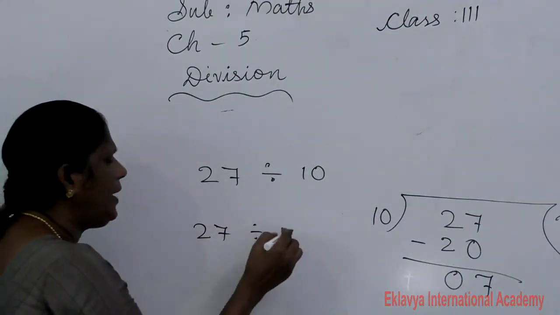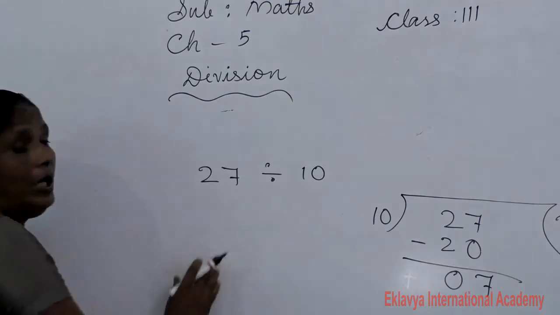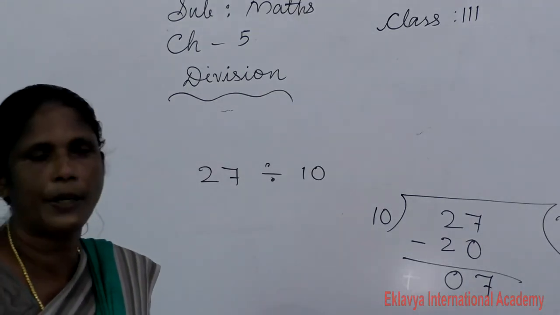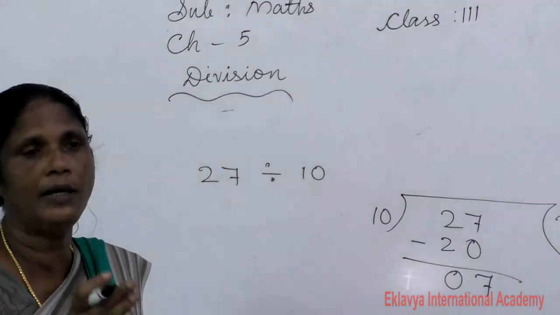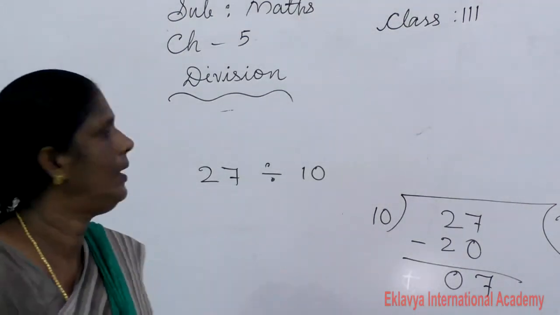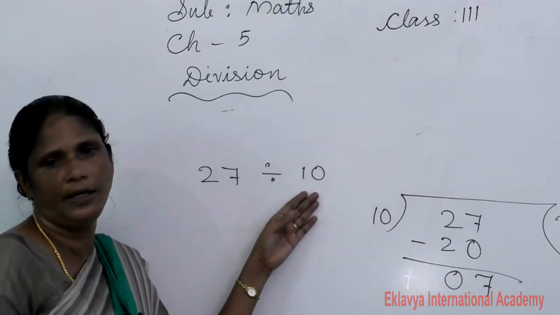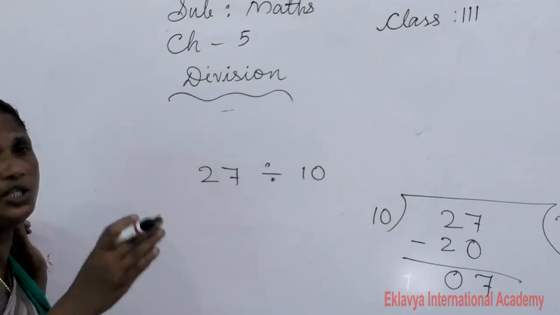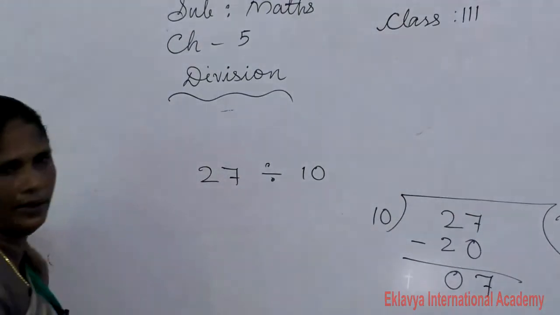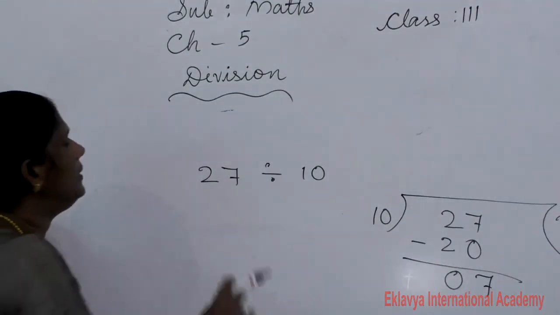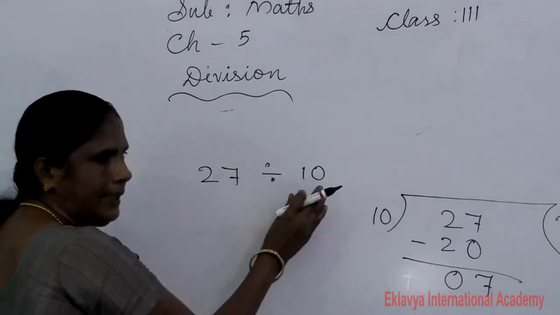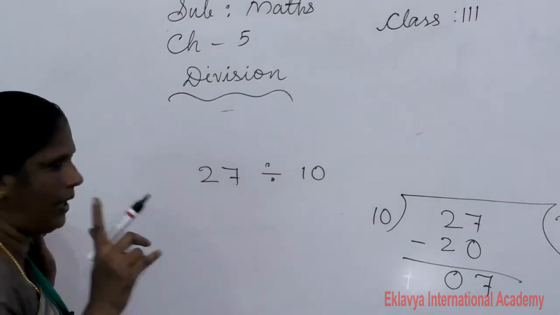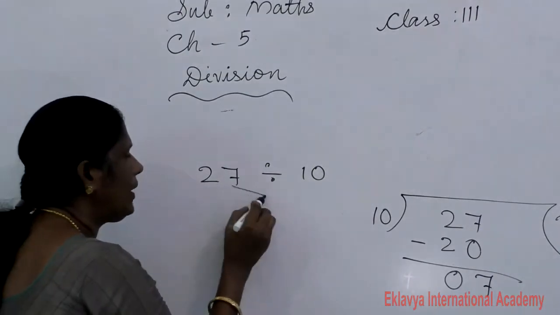We divide by 10, we remove 1 digit from the right hand side of the number. 10 से divide करने के लिए right hand side में से एक digit को हटाना. समझ में आ रहा? 27 divide by 10. 10 से divide करने के लिए कितनी digit को हटाना है? 1. ये 7 को हटा दो आप.